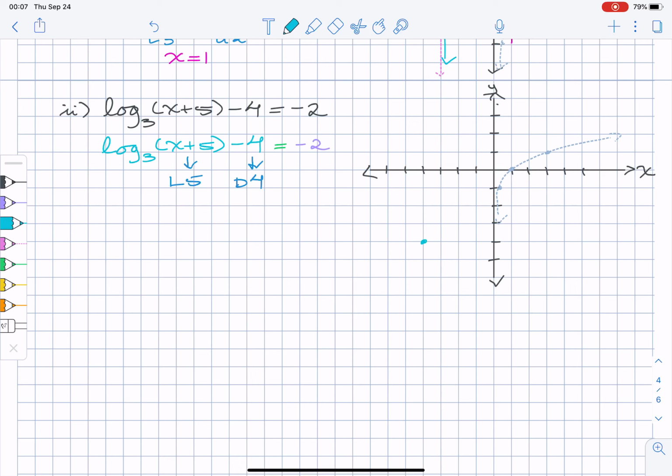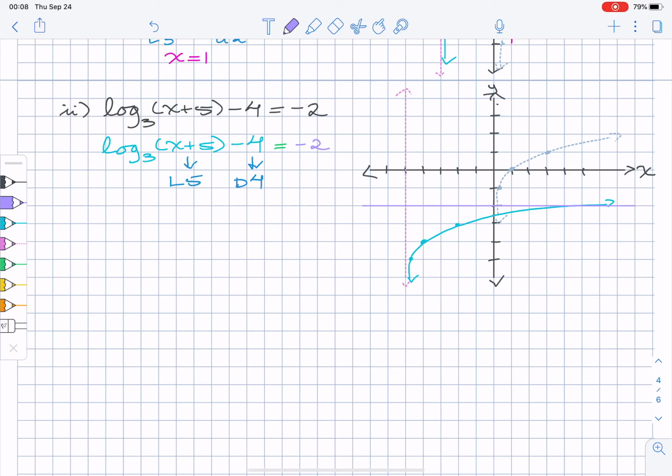Okay. So, there we go. It's not drawn very well. Oh, that's TurboGraph. So what I'm going to do is just kind of something like so, and then the graph of negative 2.